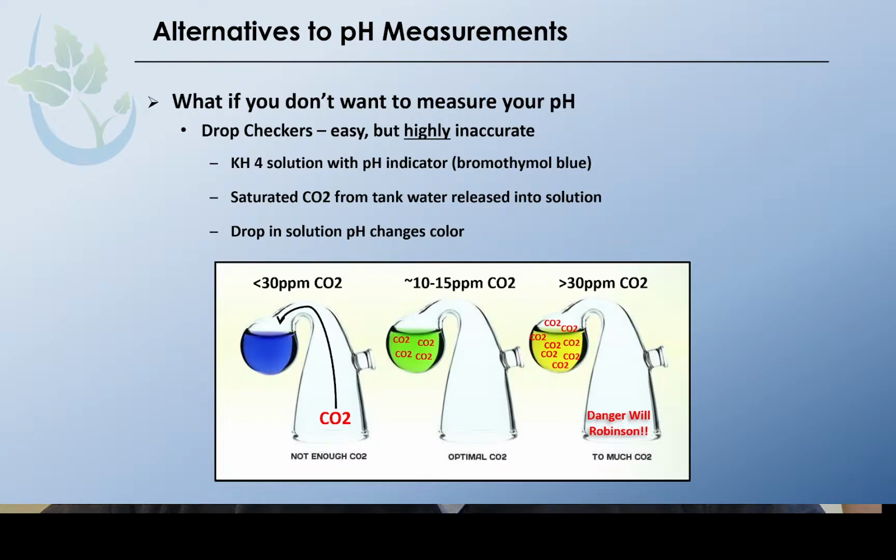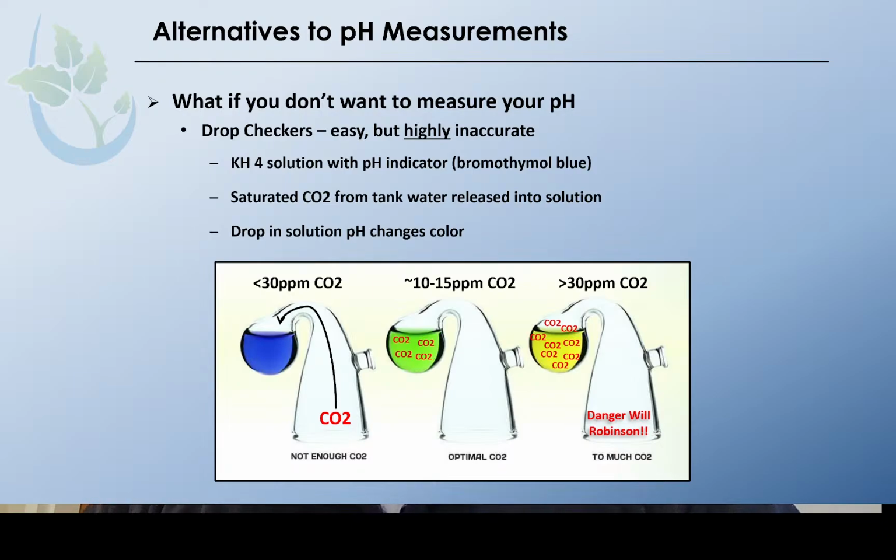I have this thing where, and I get a lot of grief for this, I dial my CO2 up to the point where I can see the fish starting to be affected a little bit, and then I dial it back down just a touch. So I know that my CO2 is super saturated in the water, but it's not enough to affect the fish. It's not the best way of doing it, but I don't always have my pH meter to check it.